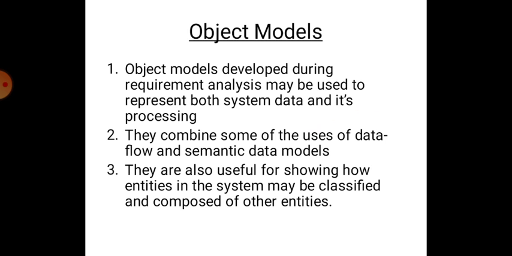Object models. Point number 1, object models developed during requirement analysis may be used to represent both system data and its processing. So students, in software development, you know that requirement analysis is the first phase where we study the system in detail and identify participating entities.